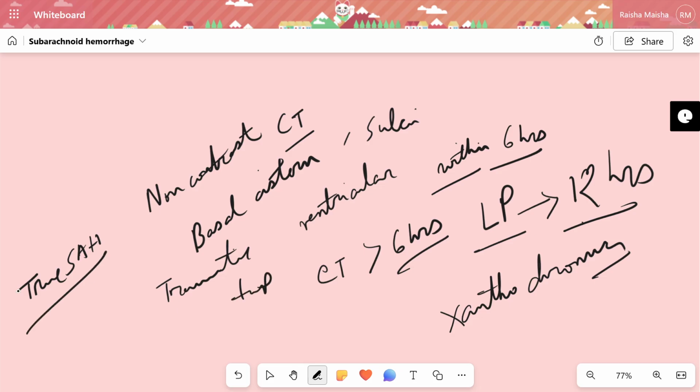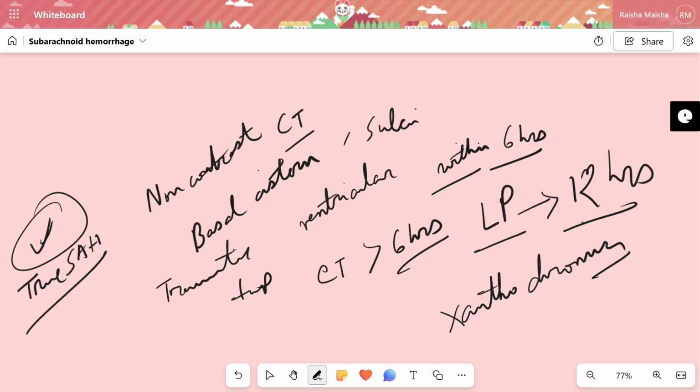If you find xanthochromia, that is true subarachnoid hemorrhage, and sometimes a traumatic tap can be found. So for distinguishing traumatic tap from subarachnoid hemorrhage, we need to find xanthochromia. CSF findings consistent with subarachnoid hemorrhage include a normal or a raised opening pressure.